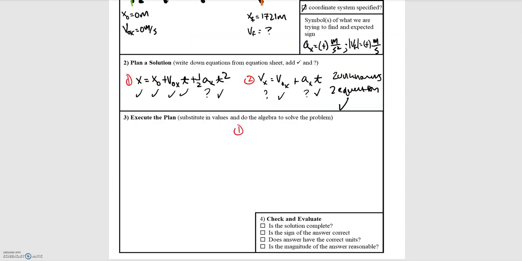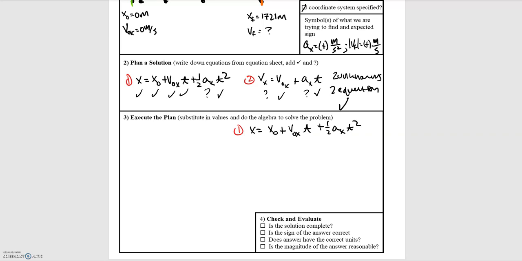So starting with the first equation, we have the final position is equal to the initial position plus the initial velocity multiplied by time plus 1/2 times the acceleration multiplied by time squared.